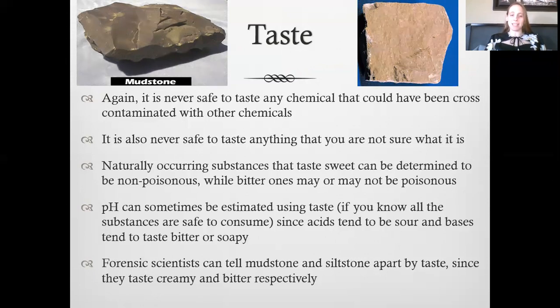You can also sometimes estimate pH with taste because acids tend to be sour and bases tend to be bitter. Again, only if you know that substance is safe, like lemon juice or vinegar or something like that. And then forensic scientists actually sometimes taste rocks to tell them apart.